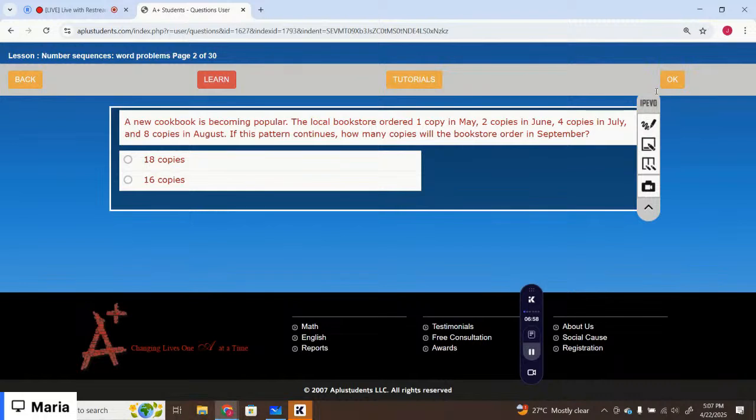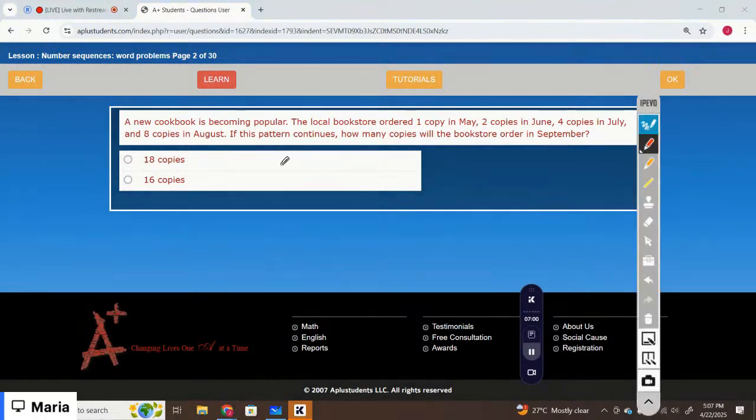A new cookbook is becoming popular. The local bookstore ordered one copy in May, two copies in June, four copies in July, and eight copies in August. If the pattern continues, how many copies will the bookstore order in September? 1 times 2 is 2, 2 times 2 is 4, 4 times 2 is 8, and 8 times 2 is 16.